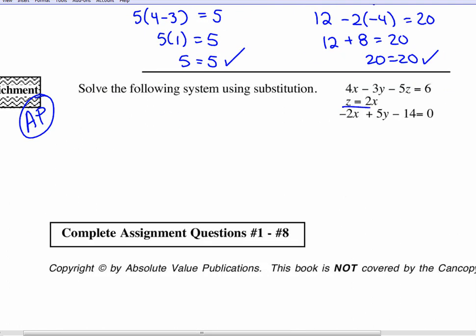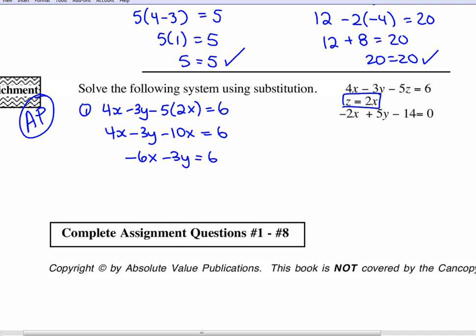Because z is equal to 2x. So wherever I see a z, guess what I could put? 2x. So that first equation, I could just make this 2x. Right? And then simplify it. So 4x minus 3y. You don't have to write this down.